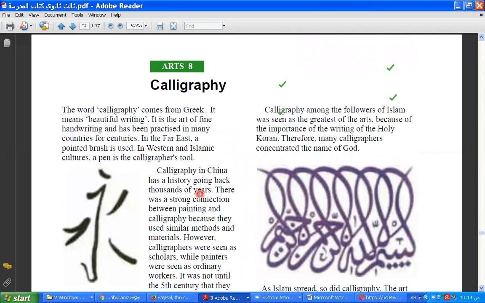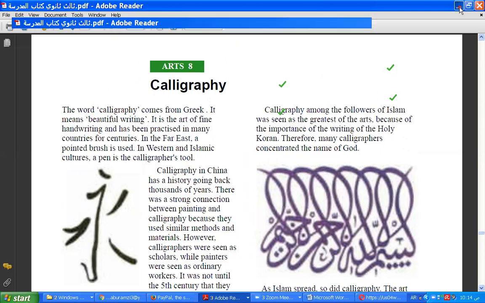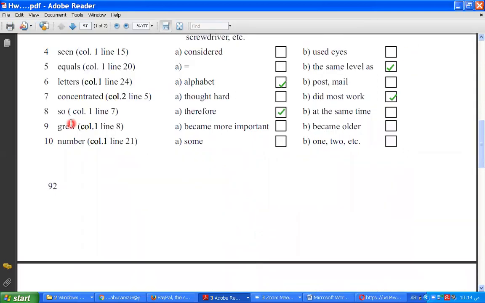It's a bit confusing because the lines are not marked by numbers, but this is column 1, Abdullah, and this is column 2. Line means 1, 2, 3 like this. Anyway, Abdullah, I think here they mean became more important, because they don't talk about people, they talk about something.